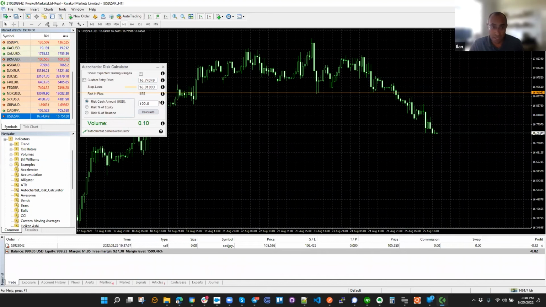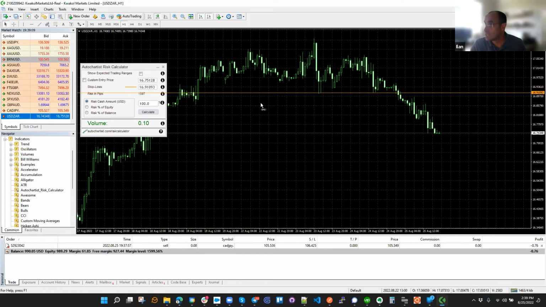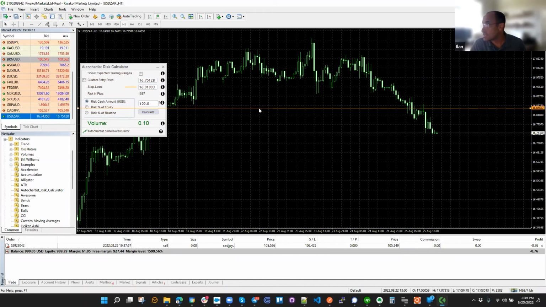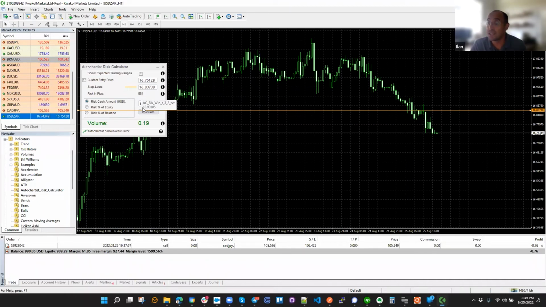Okay, so Ebenezer, which way do you think ZAR is going? Let's just say we think it's going to continue to go down, and I'm going to look at my stop loss over here. 885 pips, because ZAR has a strange characteristic.